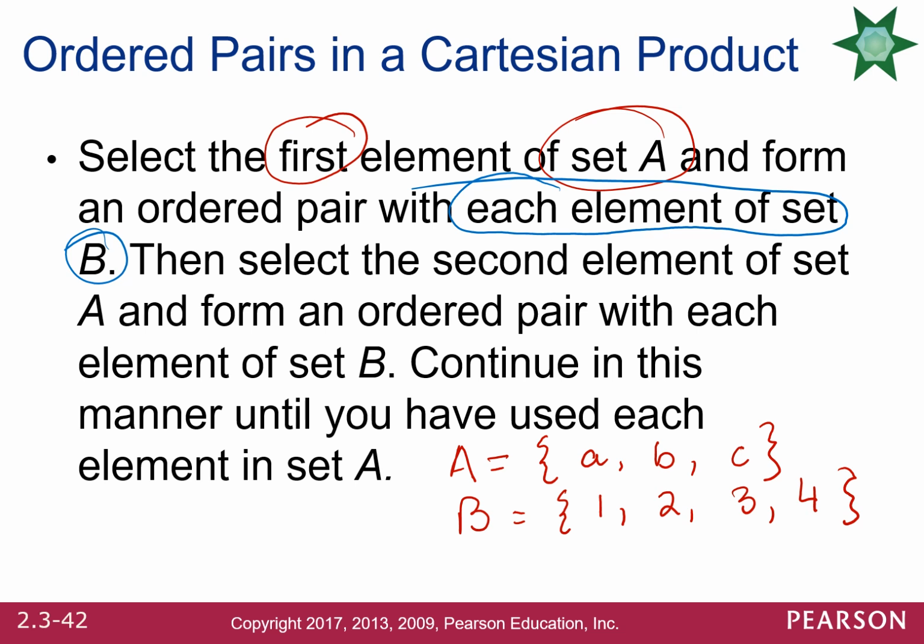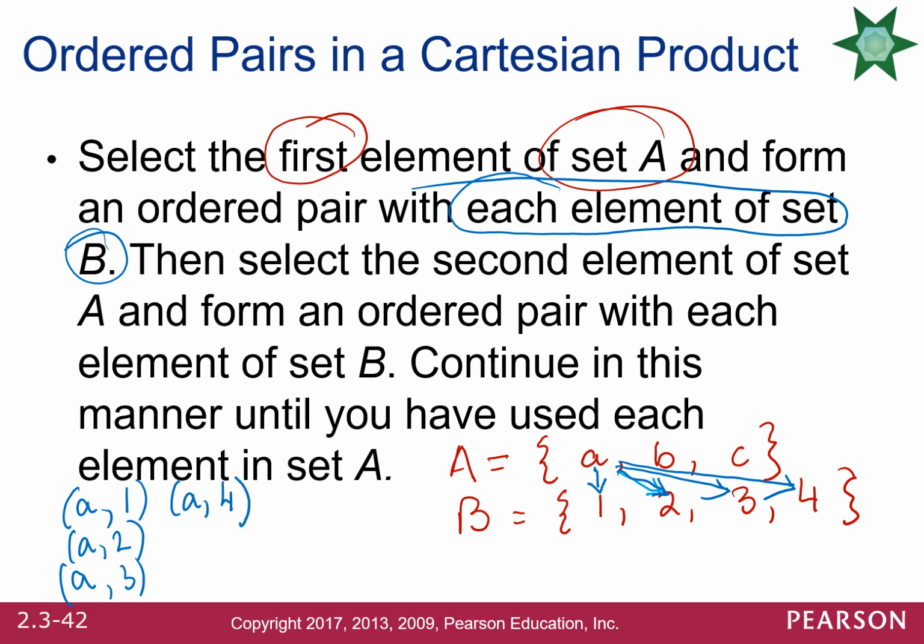To create a Cartesian product and the ordered pairs, you're going to first take A from set A and pair it with every element in set B. So this is how it's going to be: A1, A2, A3, A4. Our pairs are going to be (A, 1), (A, 2), (A, 3), (A, 4).